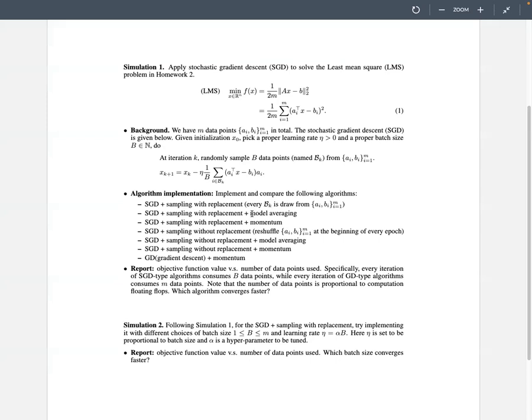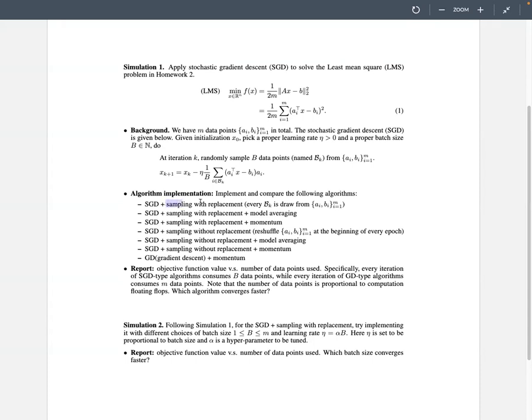And the third one is to further add momentum to this algorithm. You simply follow the momentum that we used in the accelerated gradient method, replacing the gradient by the stochastic gradient.